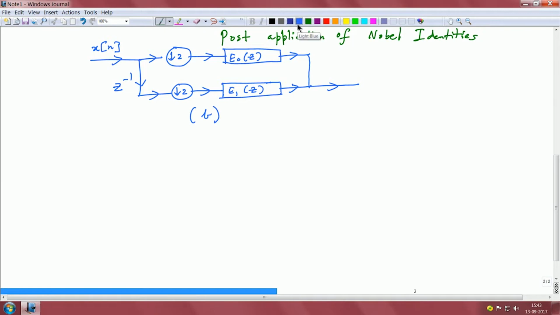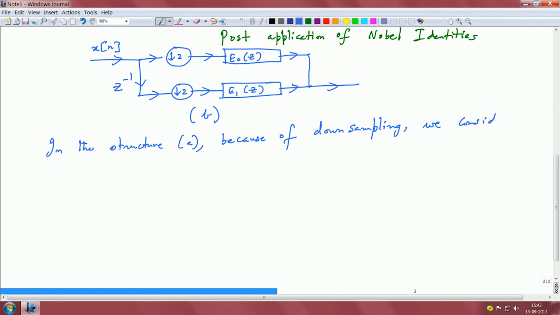Now in the structure A, because of downsampling, we consider only even numbered samples, right, because we are throwing away the odd samples in the process of the downsampling.